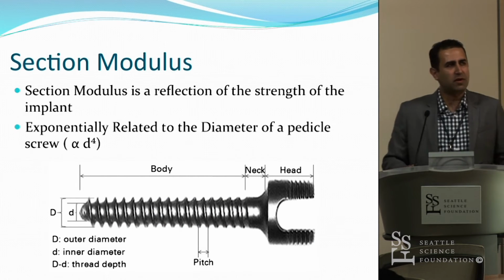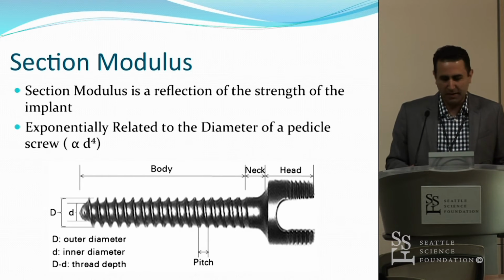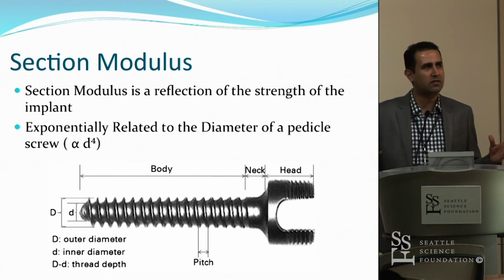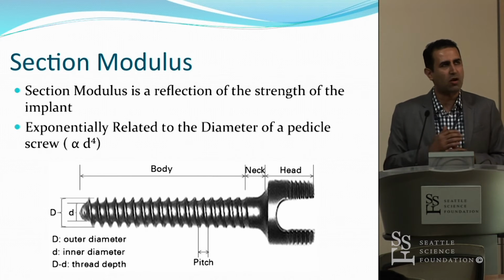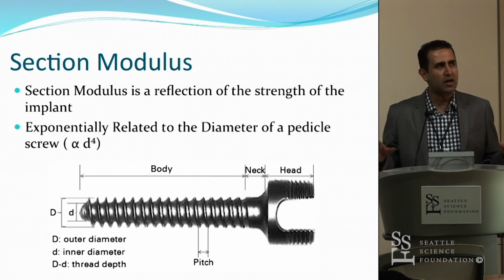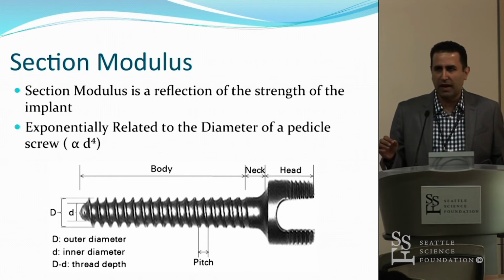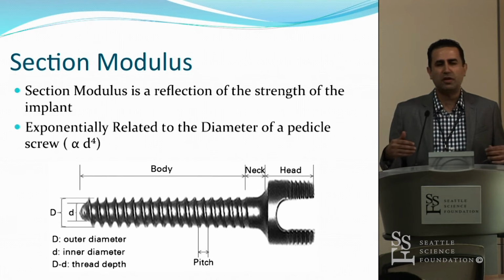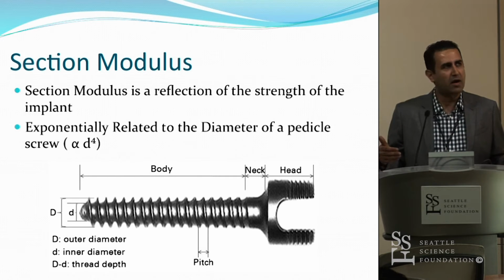So then we start getting into the implant dynamics itself. The section modulus, if you like, is a term, and it's jargon, I guess, but it conveys an important concept. It's a reflection of the strength of the implant, and this is the point. The strength of your implant, particularly for an object like a screw, is related to the diameter of that screw, and it's the inner diameter.